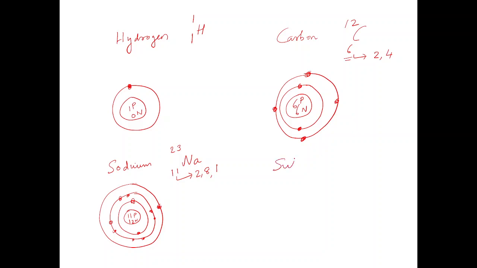The last element is sulfur. S, 32, 16. The center of the nucleus has 16 protons. If you subtract, you will get 16 only, 16 neutrons. If you write the electronic configuration, you will get 2, 8, 6.